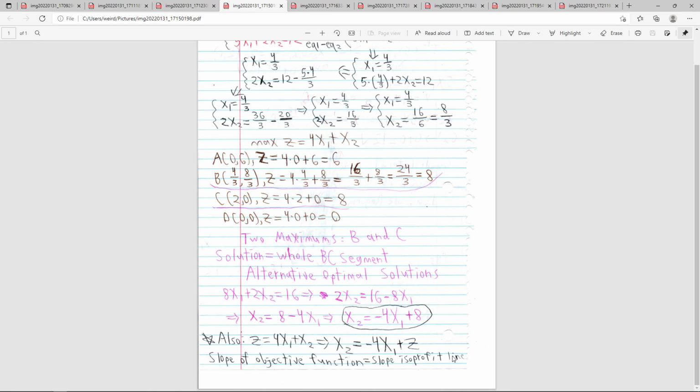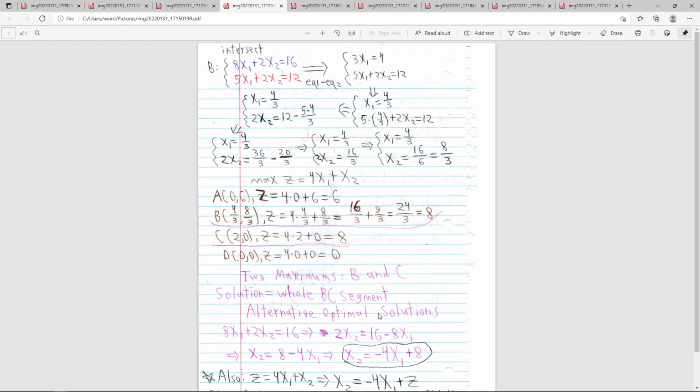So the maximum of z equals 8 across the whole line. But that's the whole idea. That's just a note you can do. You don't usually have to go to that. You can just say it's the whole segment BC and it's alternative optimal solutions, and that's pretty good. But it's good to look at it like that.